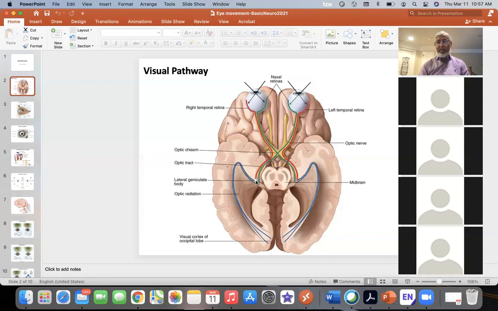Now, before they reach the lateral geniculate in the thalamus, this is the midbrain, right? Some of the fibers leave the optic tract to come to the midbrain, where they come to the superior colliculus. You know, superior colliculus and inferior colliculus together form the tectum. So they enter the superior colliculus by the brachium of the superior colliculus.